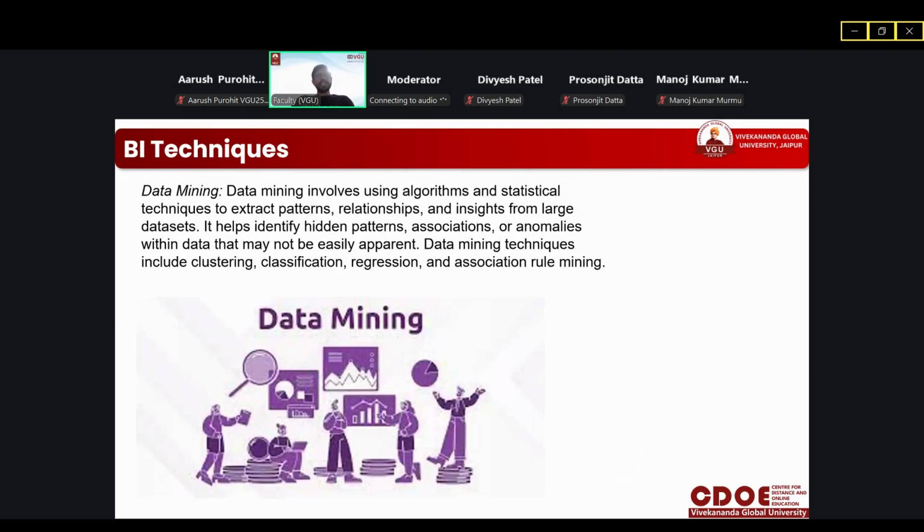In data mining, we use algorithms and statistical techniques to extract patterns, relationships, and insight from large data sets. It helps identify hidden patterns, associations, or anomalies within data that may not be easily apparent. Data mining techniques include clustering, classification, regression, and association rule mining.